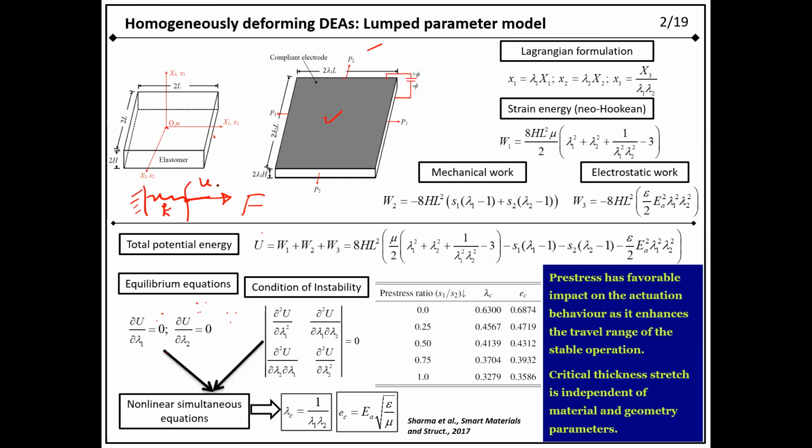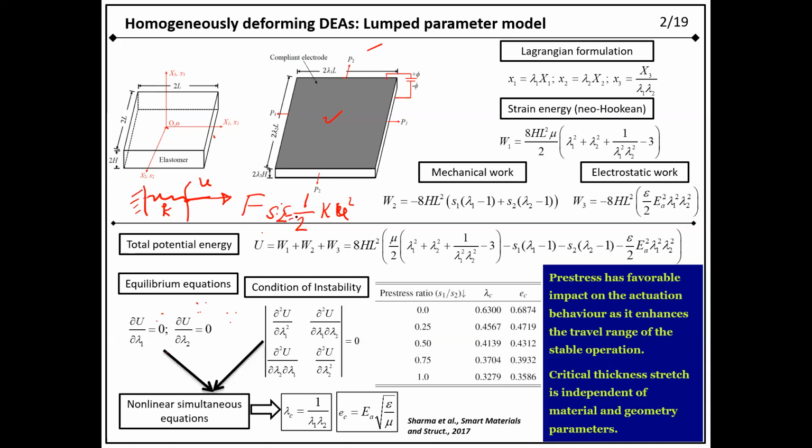We derive that relationship by using the principle of minimization of potential energy. For that, the strain energy for this spring will be nothing but half of K u square.